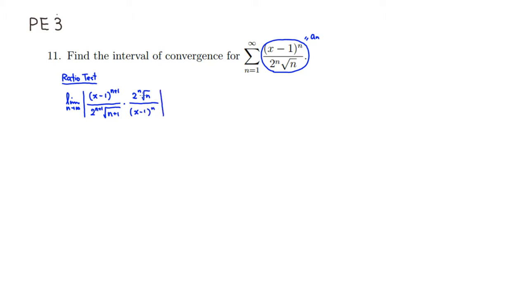Alright, so let's simplify this. You have 2 to the n here, and 2 to the n plus 1, so I'll just scratch that out. You have a 2 left over. Then x minus 1 to the n, and we scratch this out, then you have another x minus 1.